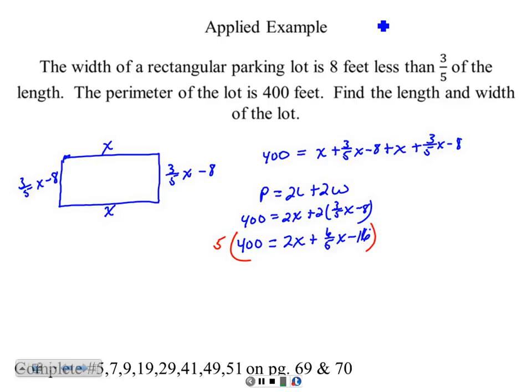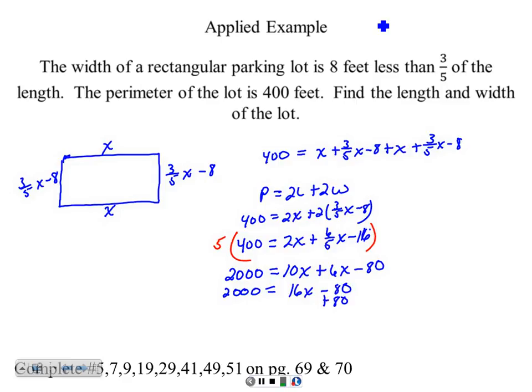So 5 times 400 is 2,000. Then 5 times 2x is 10x, and 5 times 6/5 x is just 6x, and 5 times 16 gives you 80. Combining like terms, we have 2,000 is equal to 16x minus 80.